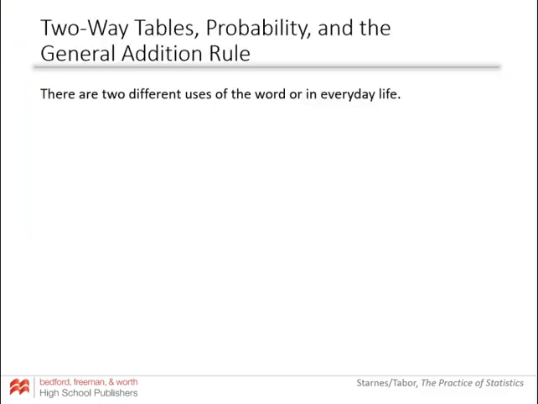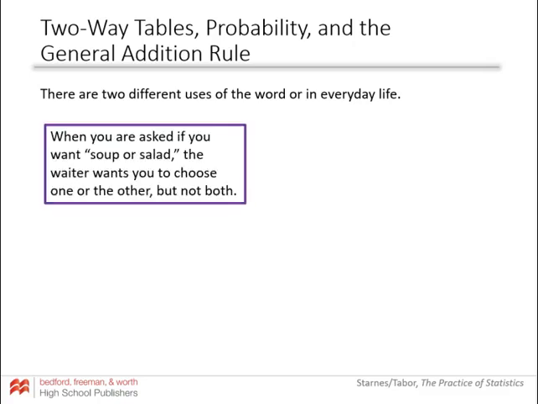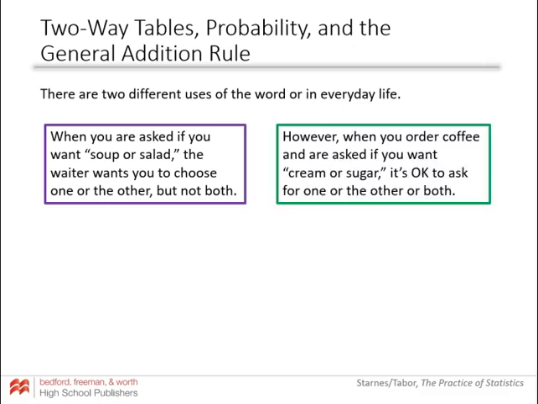When we talk about the word "or" in general in the English language, there are two different ways that it can be used. Let's say that you go to Olive Garden and the waiter asks you if you want soup or salad. They're asking you to pick one or the other. You can't have both of them. But let's say you get some coffee after your dinner, and they want to know if you want cream or sugar.